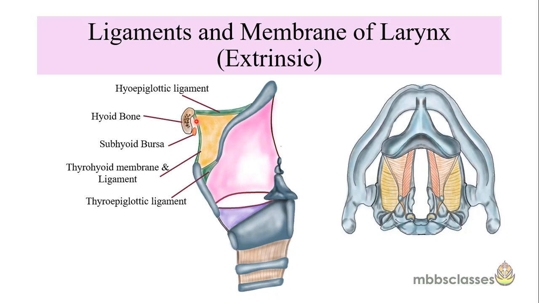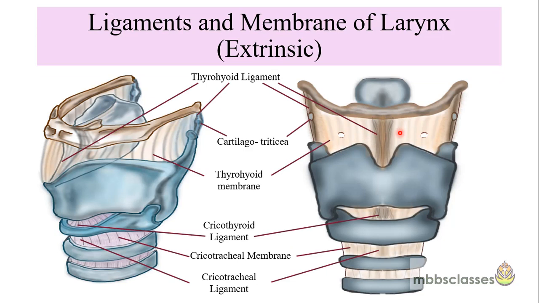and the thyroid membrane. And here there is a bursa called the subhyoid bursa. This thyroid membrane is thickened at the median part and the lateral part, and these thickened parts form the thyroid ligaments, the median thyrohyoid ligament and the lateral thyrohyoid ligaments.